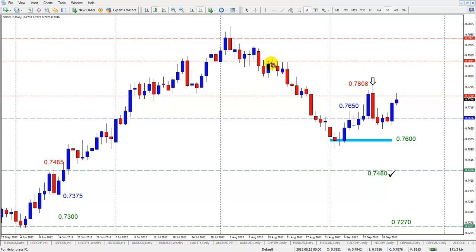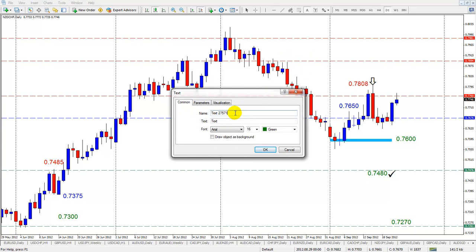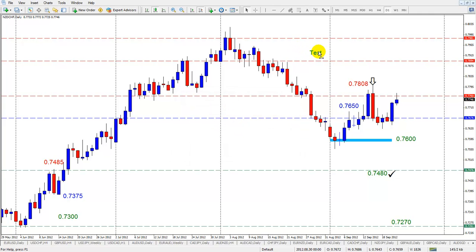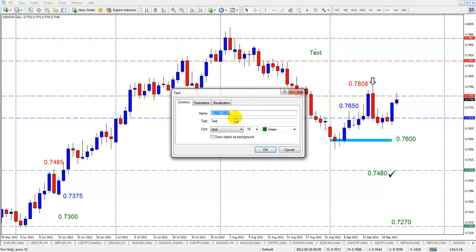So I take 82 pips and I divide it by 158, and that gives me my R. Oh, messed that one up. Hold on. Let's go ahead and put it right there.